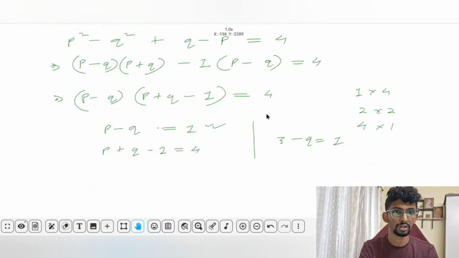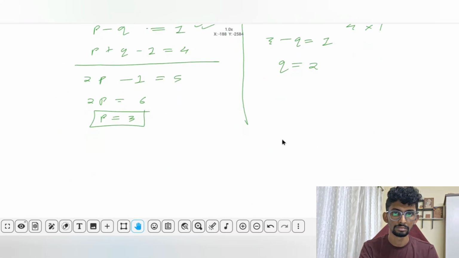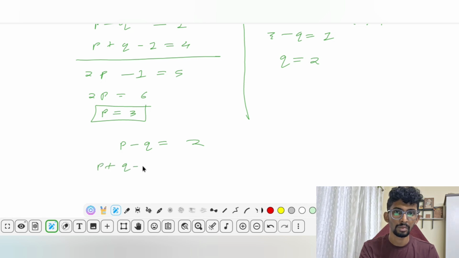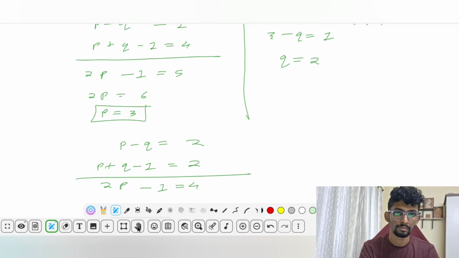Let us check the other one also. If both are 2, I can say p minus q is also 2 and p plus q minus 1 is also 2. Now if we add these, we will get 2p, q will get cancelled, minus 1 equals 4.